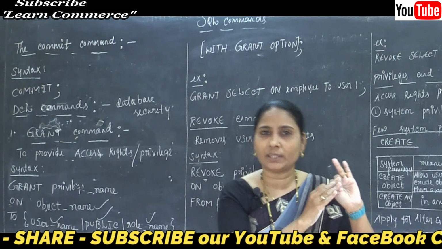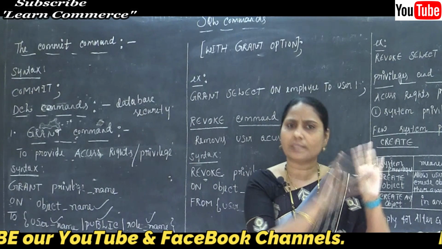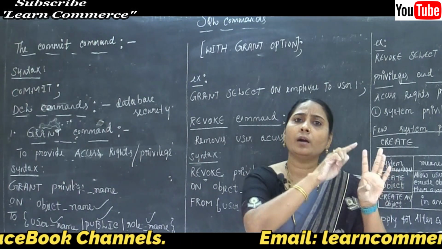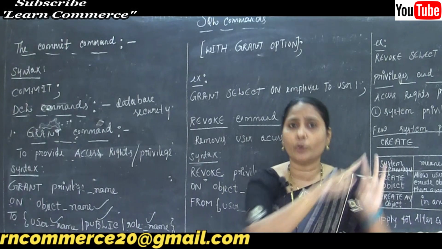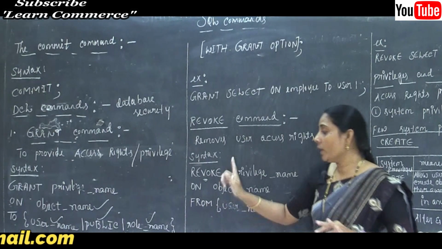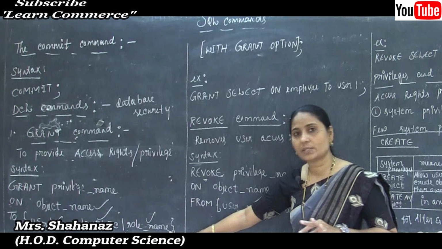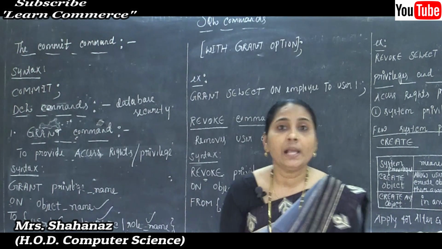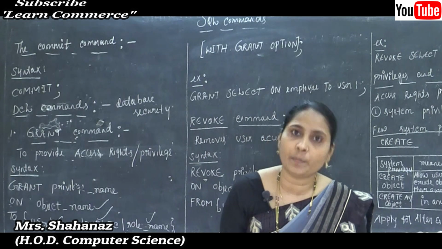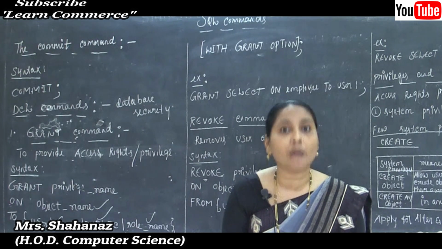Otherwise we give just one permission, select, or the next one, all, or maybe another, execute. But if you are using the role_name option, that means here we are providing the permissions in a set manner, on a set basis, where the permissions are grouped together.